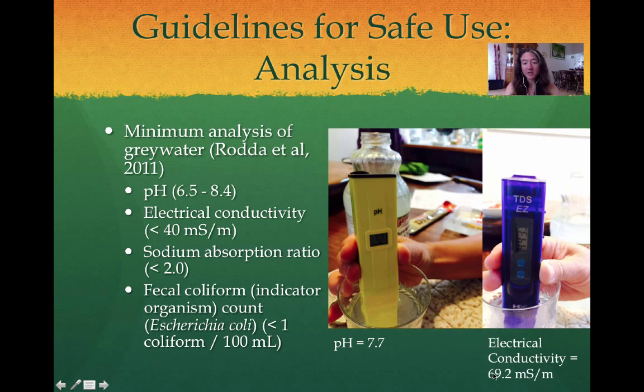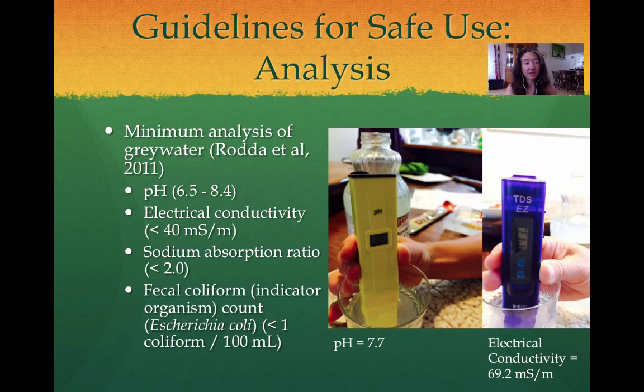You'll notice that mine was a little bit above that, so it had a little more turbidity, but that could be due to a lot of factors. I was using a bar soap that was pink pigmented, which may have caused a little more turbidity in the water. So we're seeing a slightly different parts per million count there, but that's not very high. It's not that far out of what you would think of as easy to use on your garden. The pH was 7.7, which was well within the suggested range of 6.5 to 8.4.